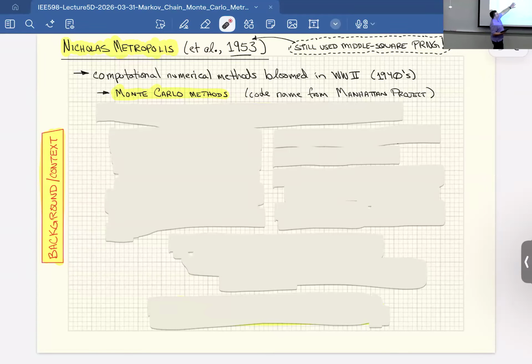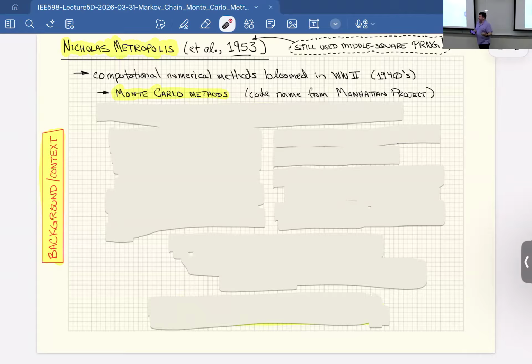There were these old random number generators, like the middle square methods, where you generate a 4-digit number, take the middle 2 digits and square it, and that becomes your new 4-digit number, and you do that over and over again, and hopefully that leads to a chaotic sequence that, if you put a decimal point in front of it, looks like random numbers distributed uniformly between 0 and 1. But these ugly heuristic methods produced awful strings, so it was very hard to get a good string of random numbers.